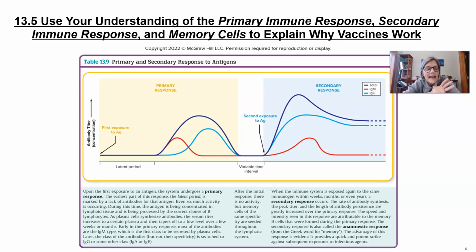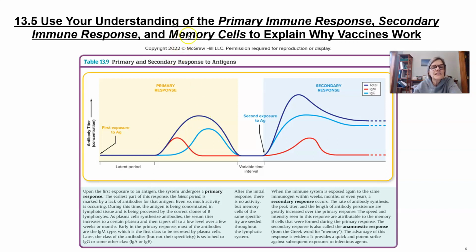When we look at antibodies themselves, antibodies only last a couple weeks. Again, that can vary depending on your body, your immune response, the kind of pathogen and whatnot. But antibodies typically only last a couple weeks. When you have this primary immune response and you're making antibodies, you're also making memory cells.